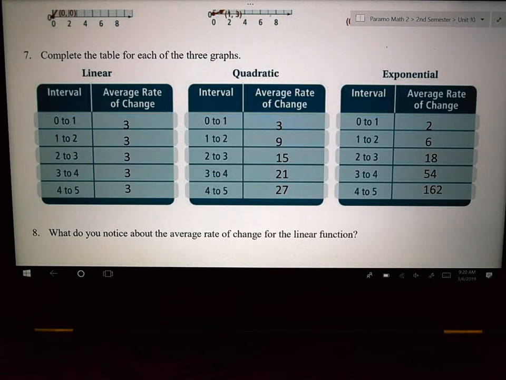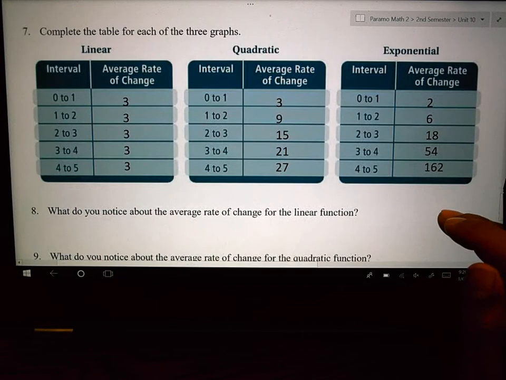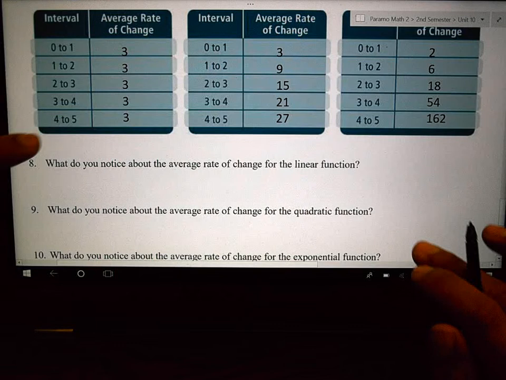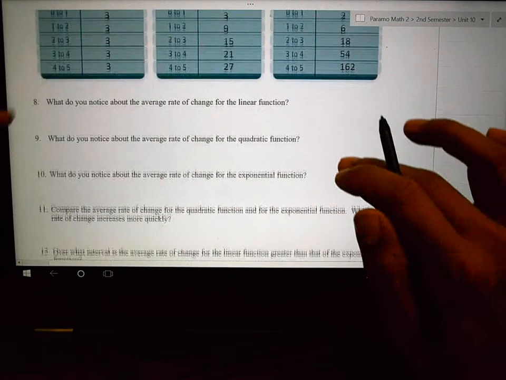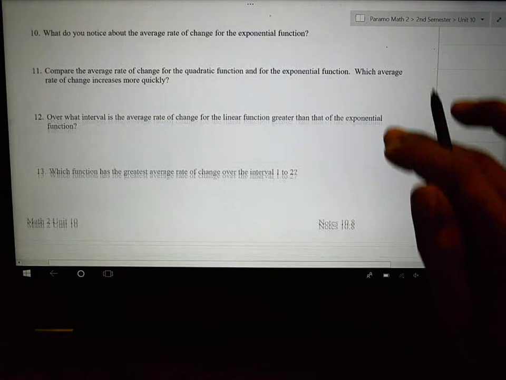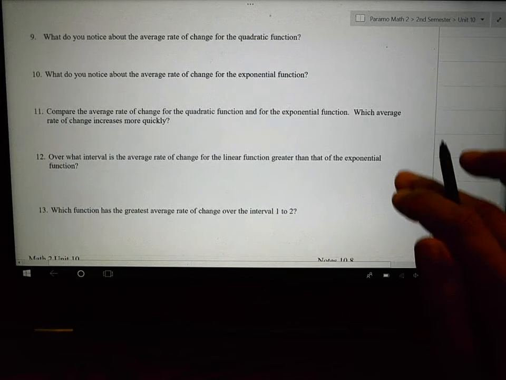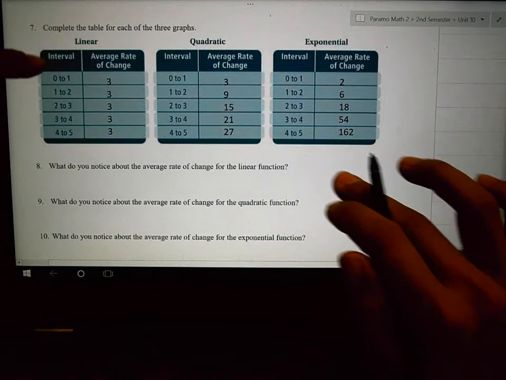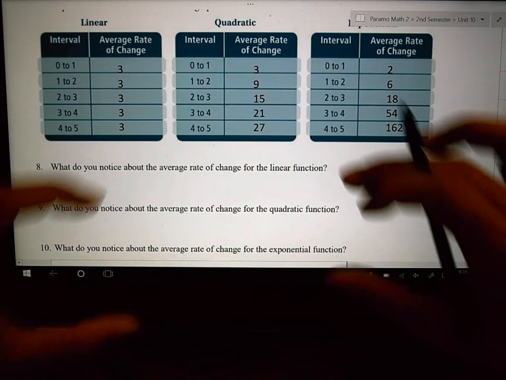And I've done a lot of the questions with you. The only questions I have not done with you are 8, 9, 10, 11, 12, 13 on this worksheet. I think after you have these things down, you should be able to answer the questions.